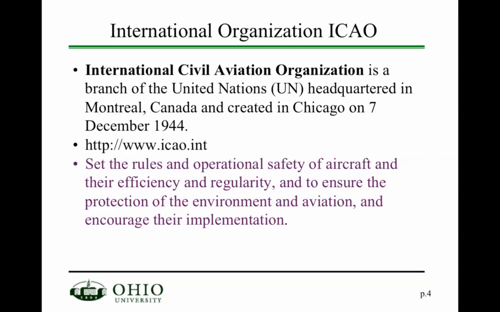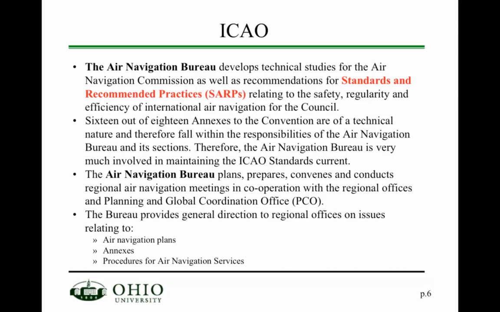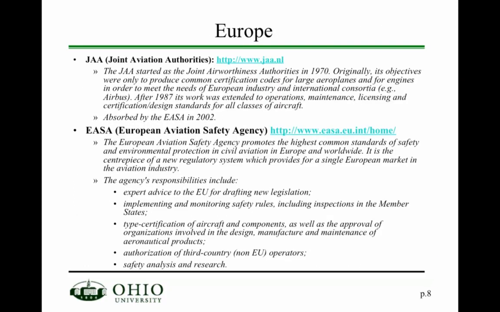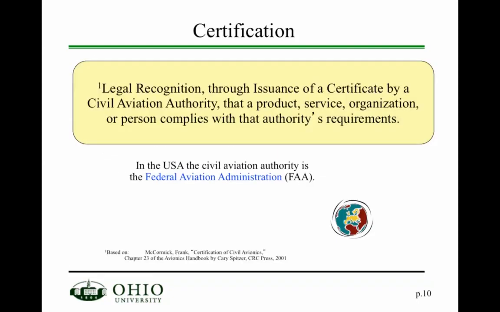We're not going to talk a lot about what's going on in Europe or the rest of the world either, but on the next couple of slides, I just provided you with a little bit of information regarding the organization, regarding some of the standards and recommended practices, the SARPs that you see on this particular slide, and also a little bit about what's going on in Europe in terms of certification organizations. But what I'm really going to focus on is what's going on in the US. And as I said, this is really just to shape a context.